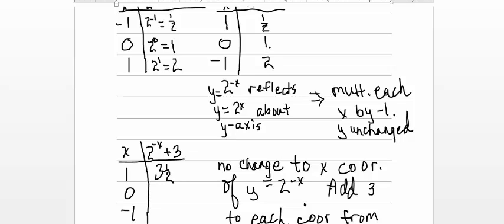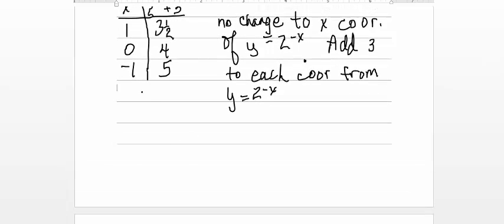Instead of having 1, I have 3 plus 1, which is 4. Instead of having 2, I have 3 plus 2, which is 5. And those are 3 points on my new graph.